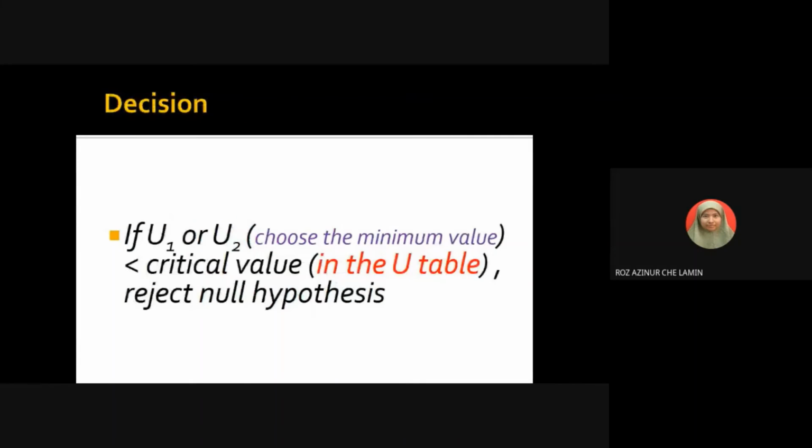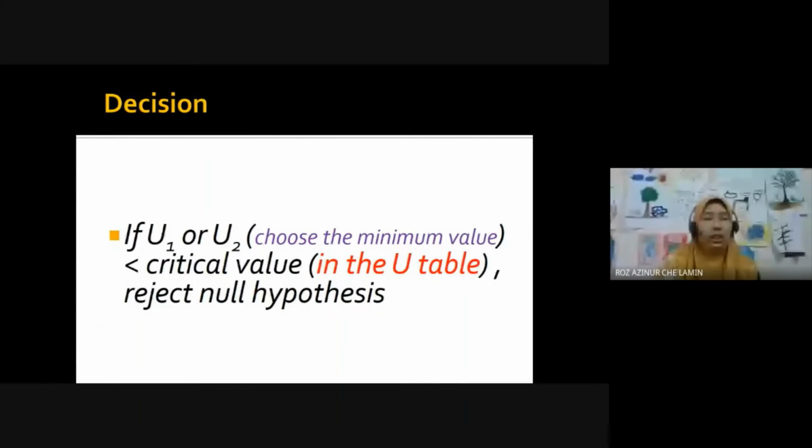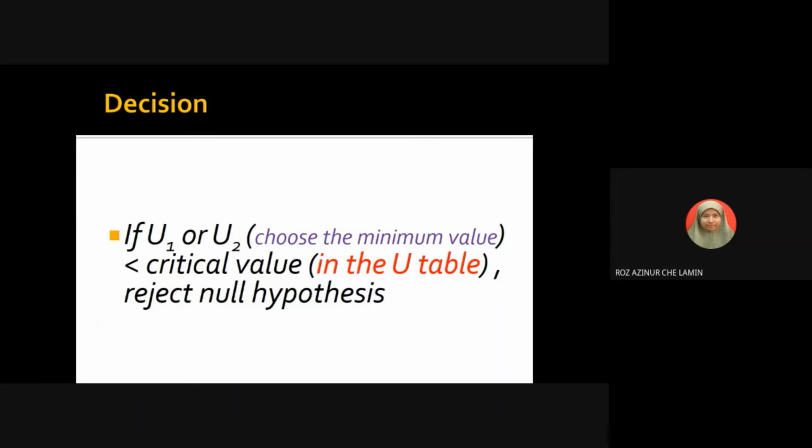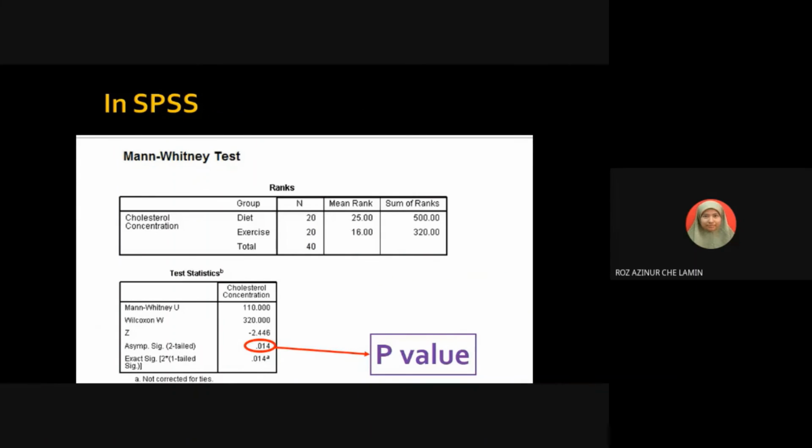And how do we make the decision? If U1 or U2 is lower than the critical value in the U table, you can reject the null hypothesis. This is the example for the Mann-Whitney SPSS output.